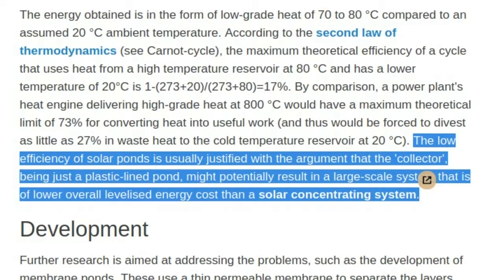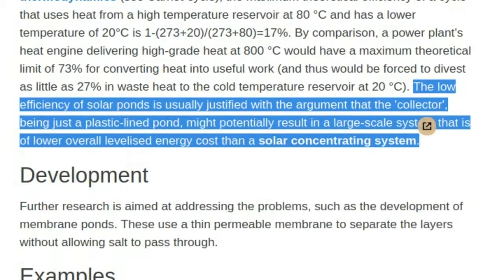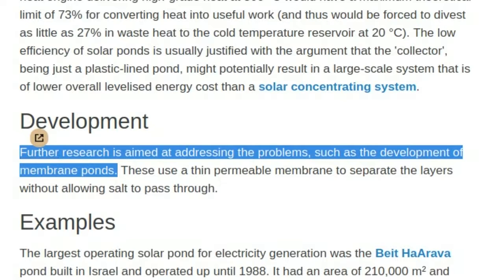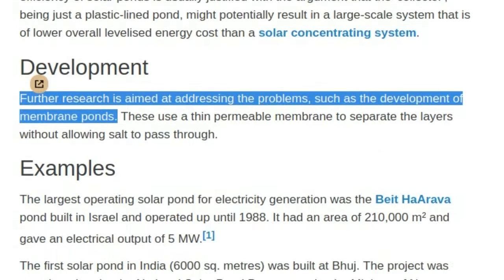The low efficiency of solar ponds is usually justified with the argument that the collector, being just a plastic-lined pond, might potentially result in a large-scale system that is of lower overall levelized energy cost than a solar concentrating system. Further research is aimed at addressing the problems, such as the development of membrane ponds.